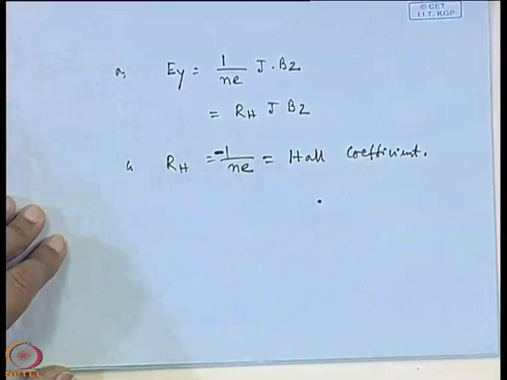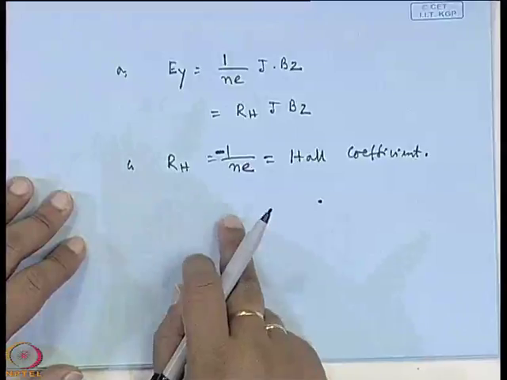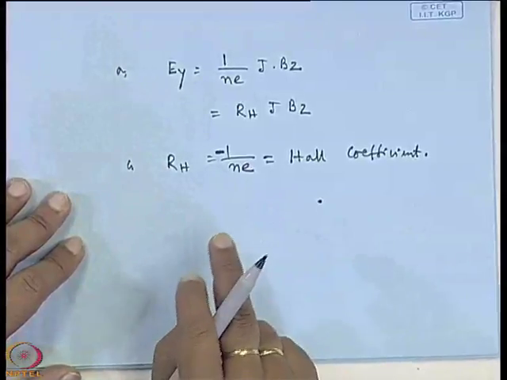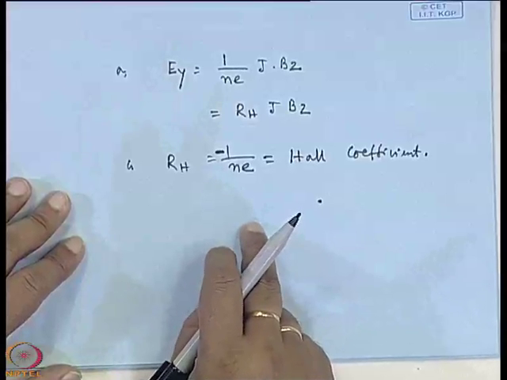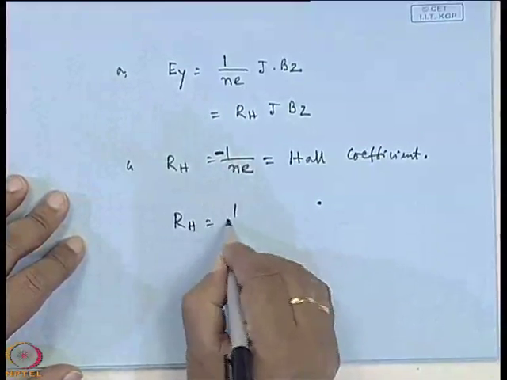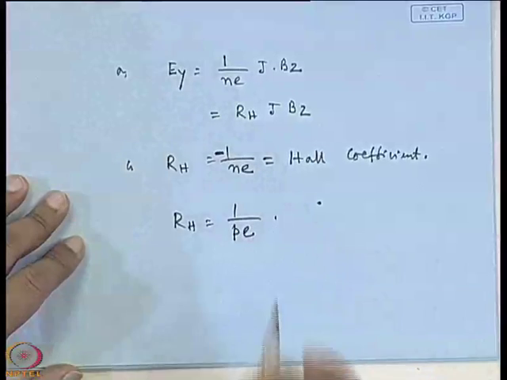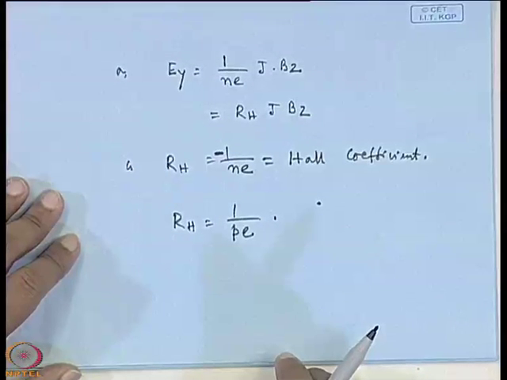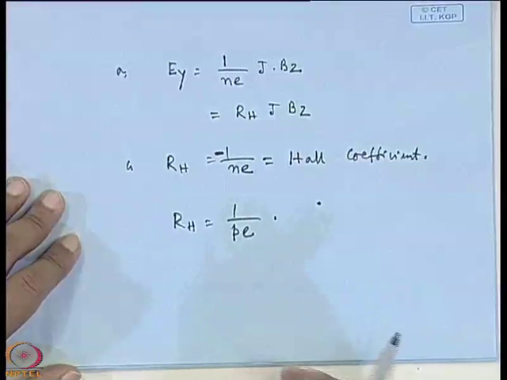If you take a p type material, then it becomes positive, that means R_H equals 1 by p e. For a metal, only electrons are there.